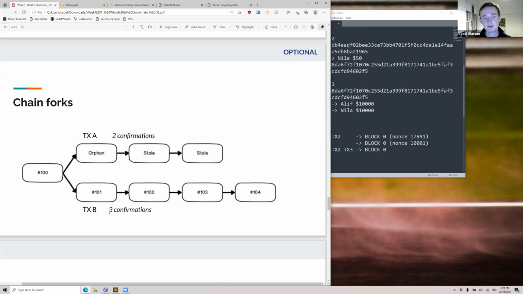So in Bitcoin, usually the recommendation is to wait for 6 confirmations. So you generally want to make sure that one chain is 6 blocks ahead of your transaction before you send the goods that you've just been paid for. Otherwise you have the risk of the money being rolled back.